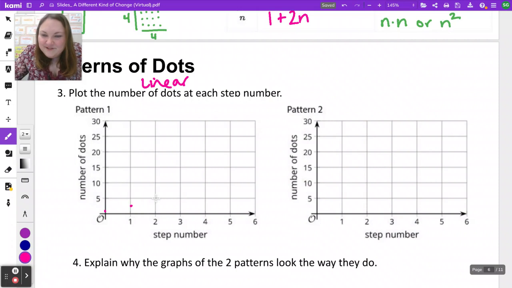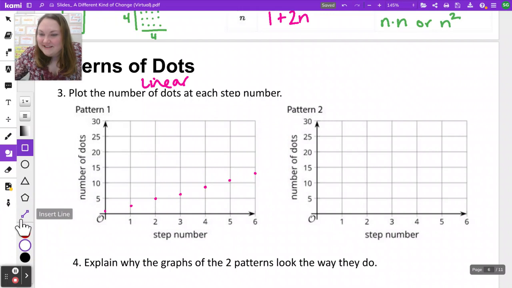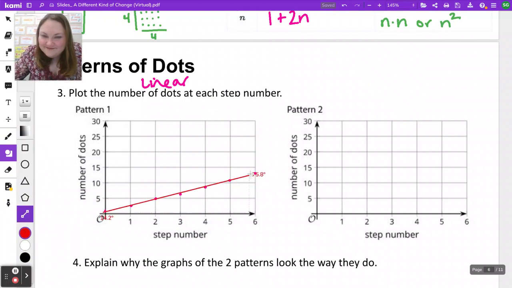For step 2, we know that there's 5. Step 3 would be 7. Step 4, 9. Step 5, 11. I'm just adding 2 each time. And sure enough, we predicted that it would be that straight line there. If I go ahead and draw a line through it, we get a graph that looks like this.